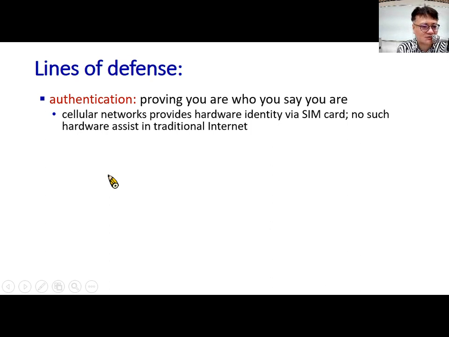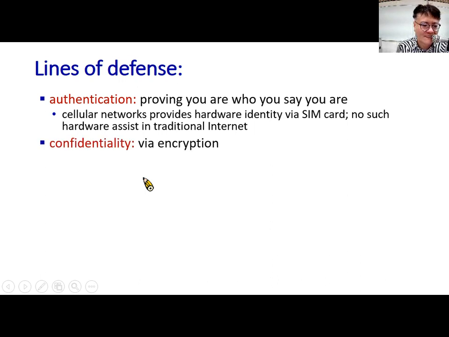In cellular networks, hardware identification like a SIM card is provided. When you use a mobile phone, you should be identified and input the SIM card password. There's no such hardware assistance in the traditional internet.